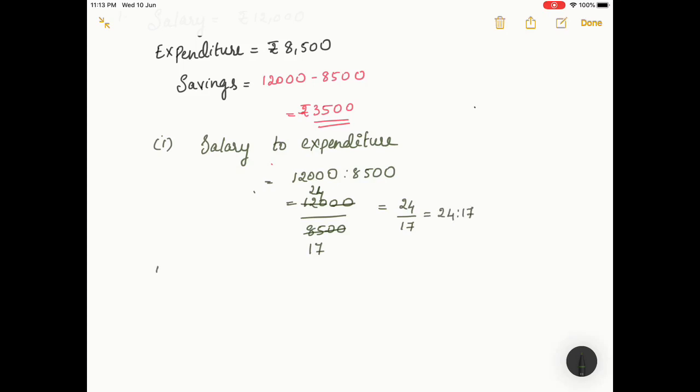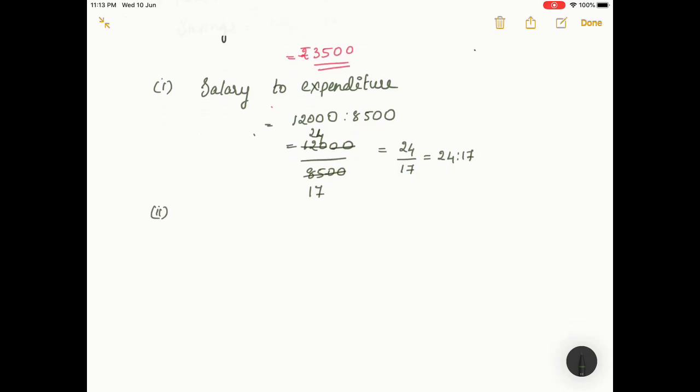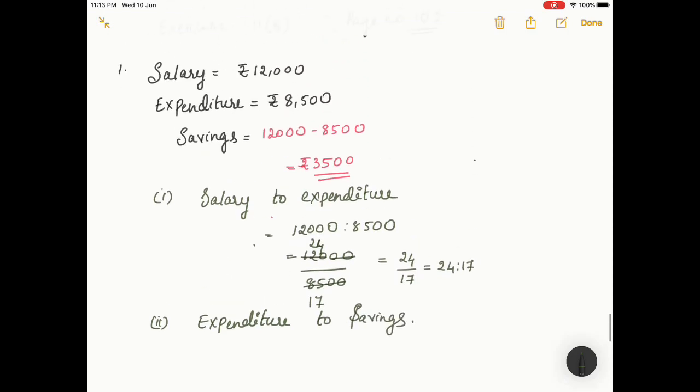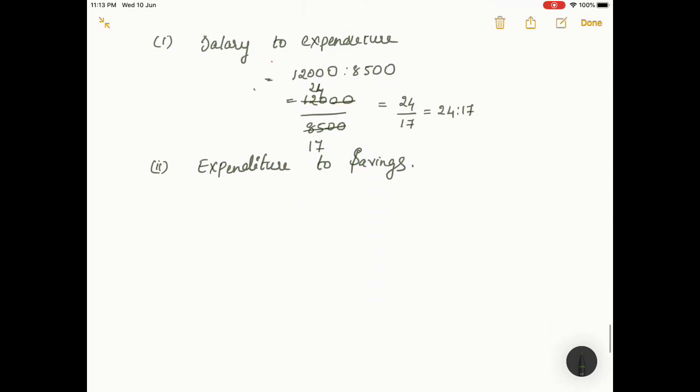Okay. Second sub question. Expenditure to savings. So, have a look at this. What is our expenditure? Go back to the problem. Expenditure is 8,500 and savings is 3,500.